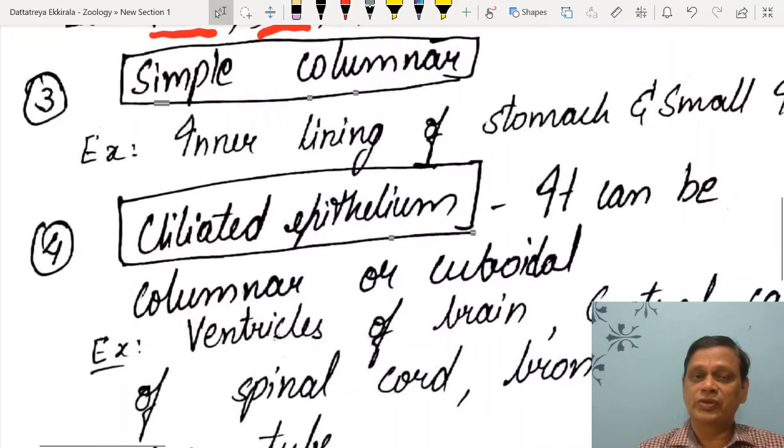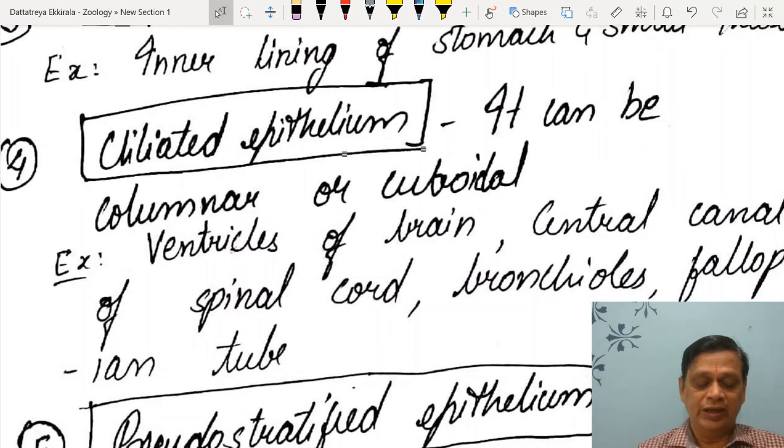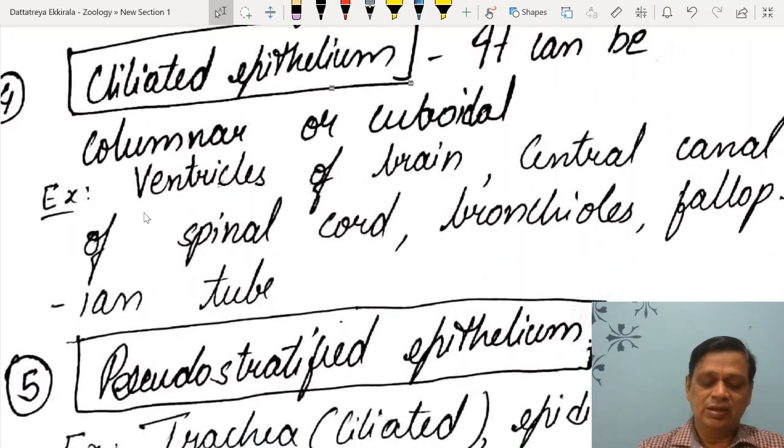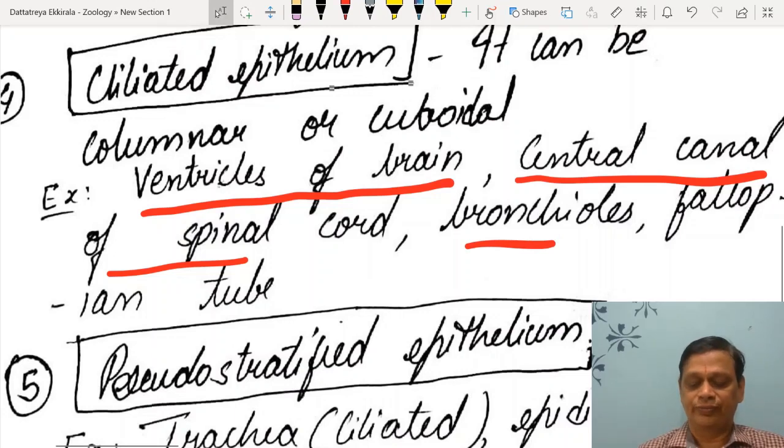So we also use the term mucosa. Then ciliated epithelium can be either columnar or cuboidal. Various places where you can see it are the ventricles of the brain, the central canal of the spinal cord, bronchioles, and the oviduct, germinal epithelium part.